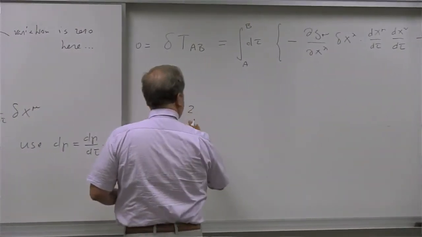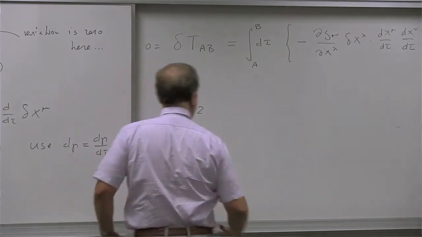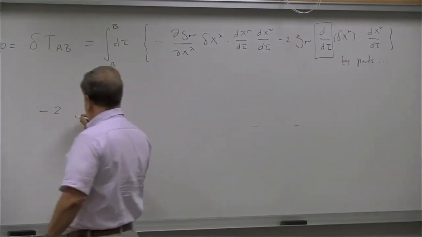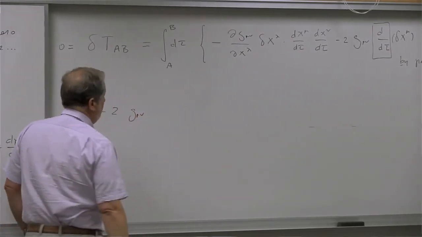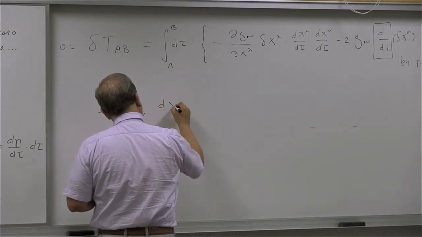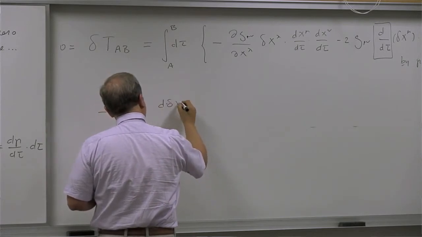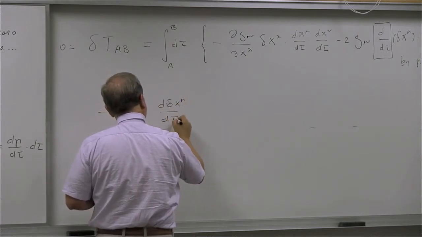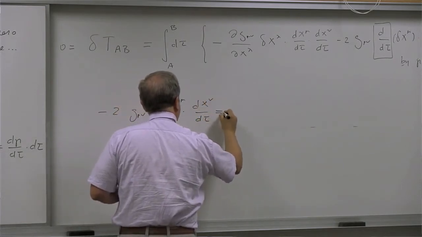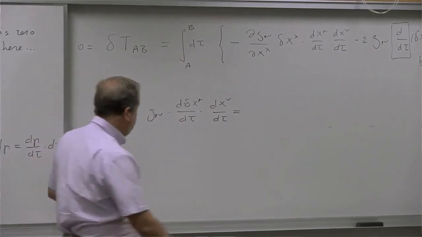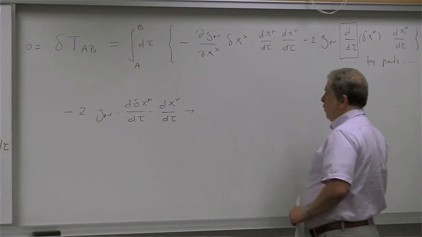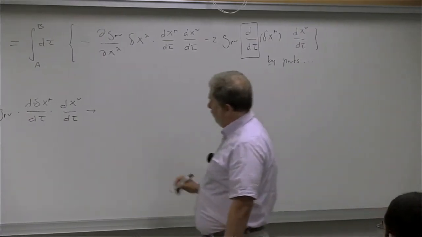So minus 2, there's a factor of 2 here, minus 2 g mu nu times d of the variation of x mu by d tau times dx nu by d tau is equal, or I should say equal because it's inside an integral, so this by parts.